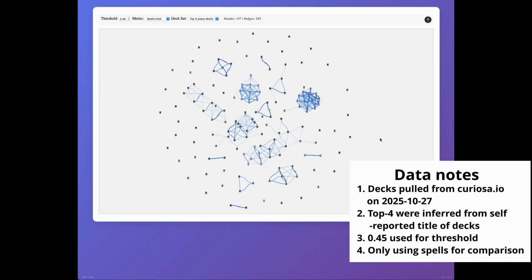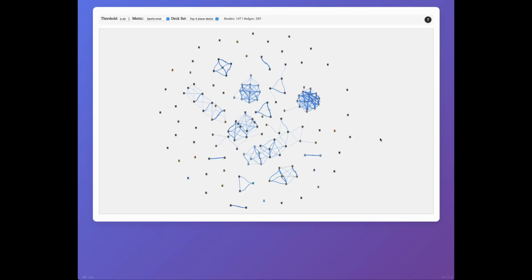Now, with this clustering of the top 4 finishing decks of different competitions, we can start identifying different archetypes by clusters. One of the first clusters that emerges is the Archimago cluster.